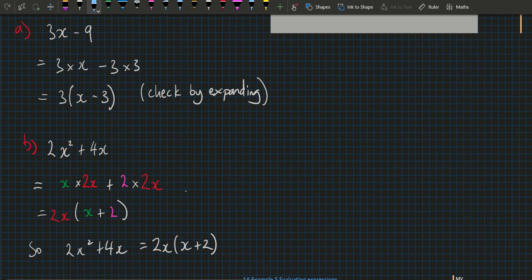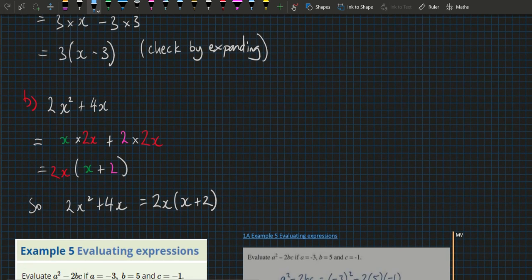For this one, 2 and x divide into both of these. So this is x times 2x plus 2 times 2x. I've taken that factor out the front and undone the distribution, so to speak. Once again, check that it works.